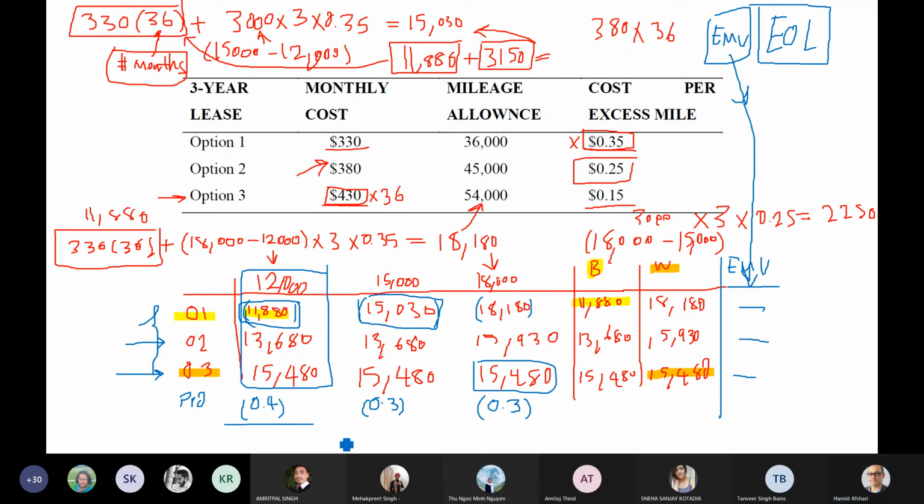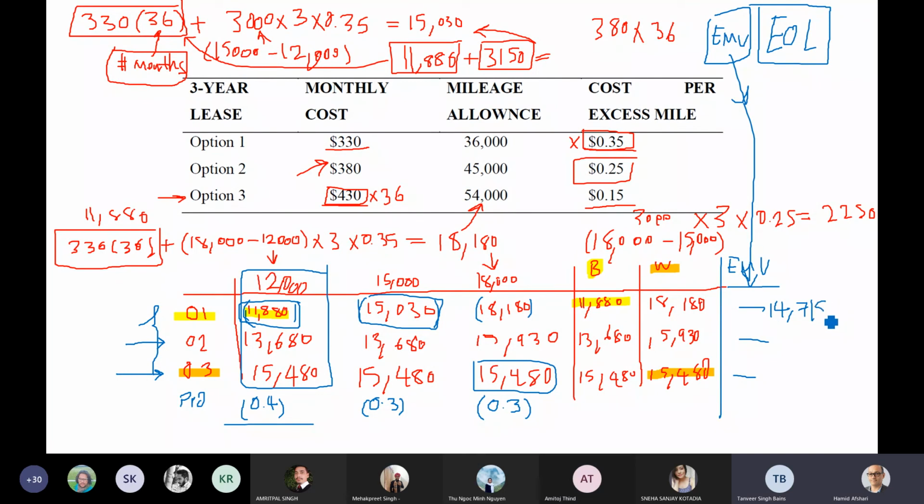Okay. So can we continue with this one? How much was the value of the first one? This one, expected monetary value for the first option. You just told me, you just forgot that? 14,750.